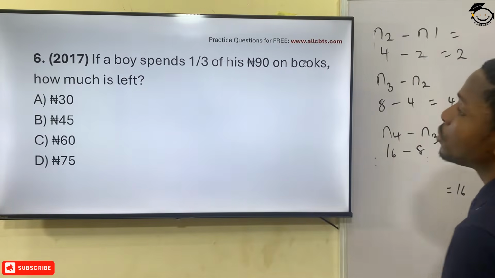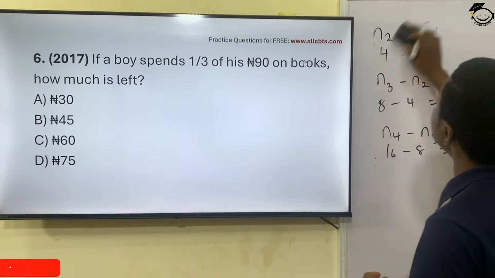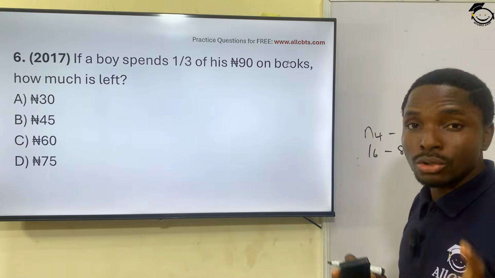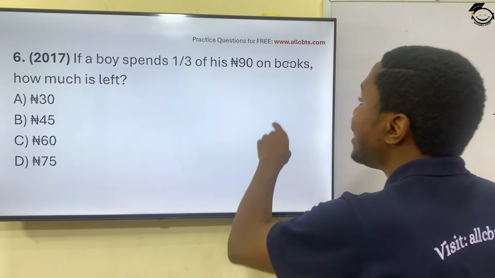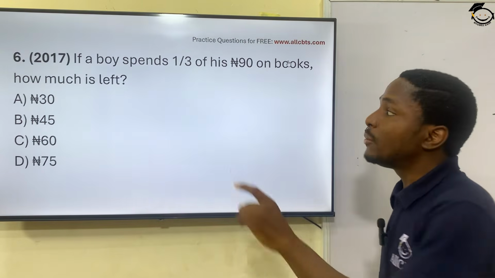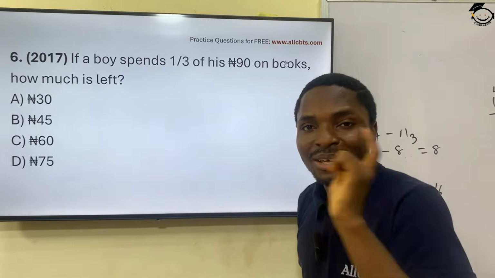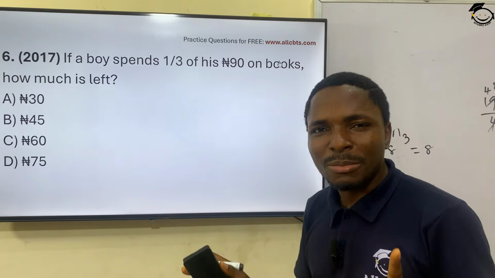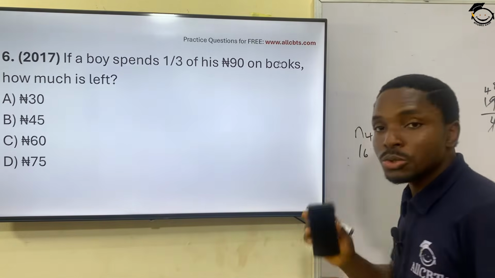Now let's go to question 6, which says, if a boy spends 1/3 of his 90 naira on books, how much is left? And I told you before that when you see off, it means to multiply in English. So off means to multiply.